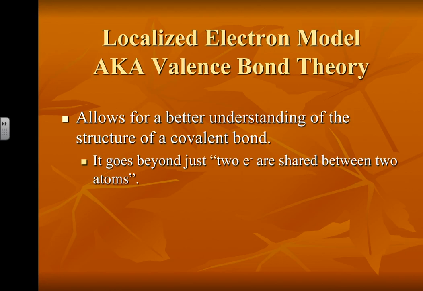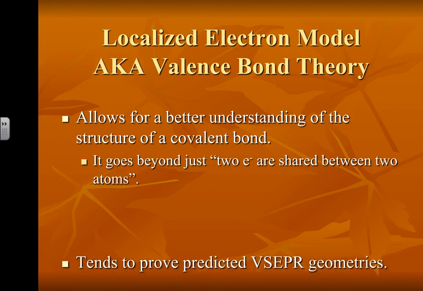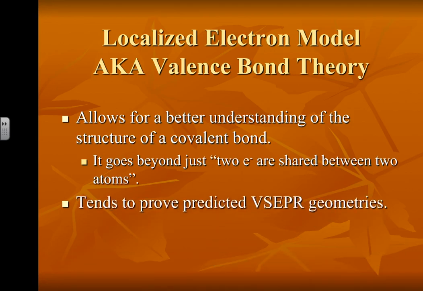That they're kind of localized. And the localized electron model, as it says in the last bullet point here, tends to predict VSEPR geometry. So basically, this is exactly what you've been using up to this point. We've been talking about how there's two electrons, they're shared, and because they're shared in this way, this is how the geometry would work. So you've been doing this.